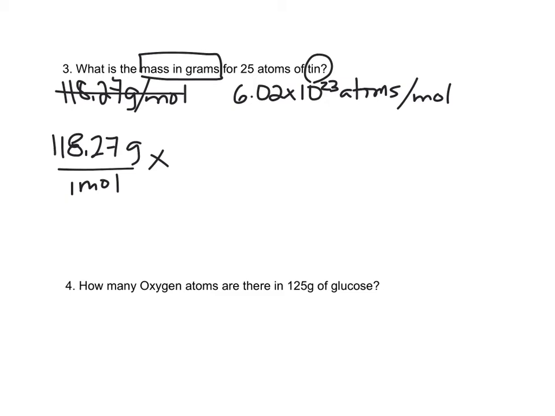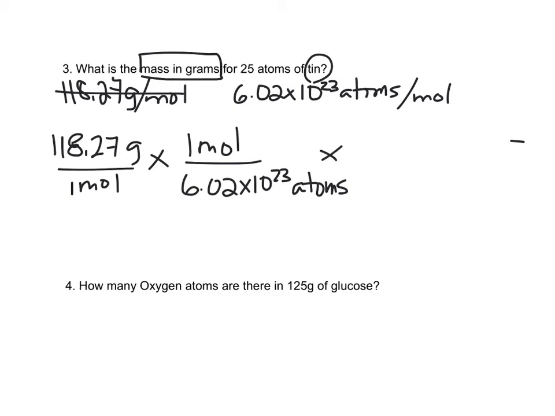So Avogadro's number has it. So Avogadro's number is flipped over or inverse. So moles cancel. Now I need to get rid of atoms though, but I know I've got 25 atoms. So now I'm done because I have only 1 unit left, and that's grams.